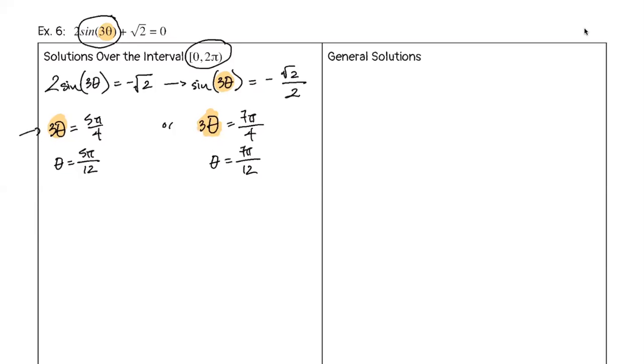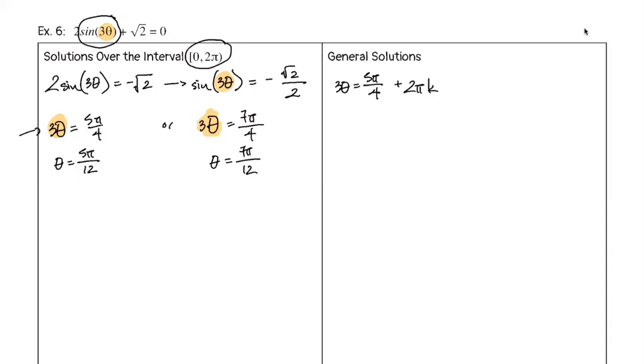So I'm going to go back for a moment and copy down 3 theta equals 5 pi over 4, but as a general solution, I would have written plus 2 pi k, right? Now let's divide everything by 3.